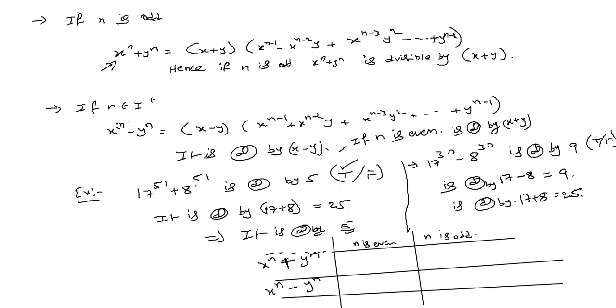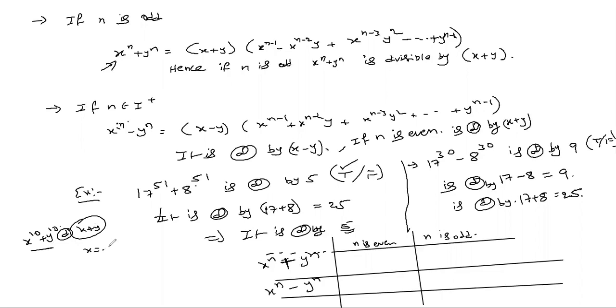Is it divisible by x plus y or x minus y? Listen carefully. Whenever n is even, for example, if you consider x power 10 plus y power 10, is it divisible by x plus y? Let us check. Let us use the remainder theorem. Let us find the remainder when this is divided by this.